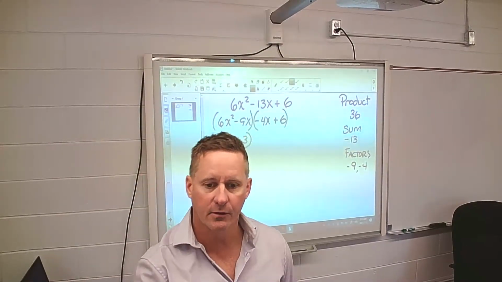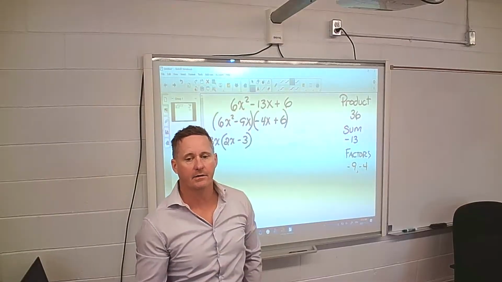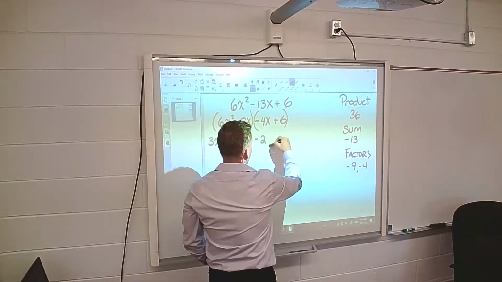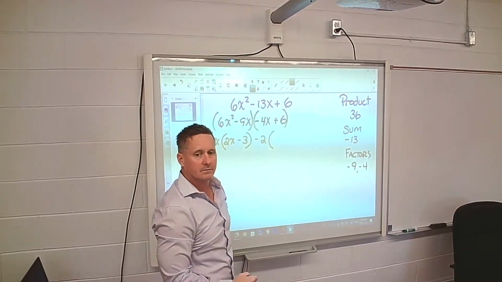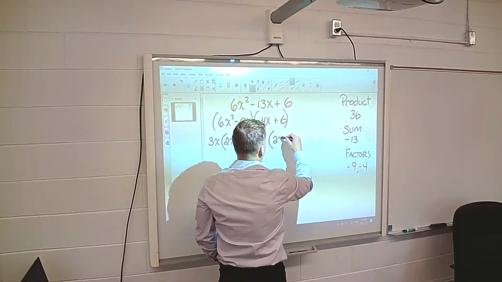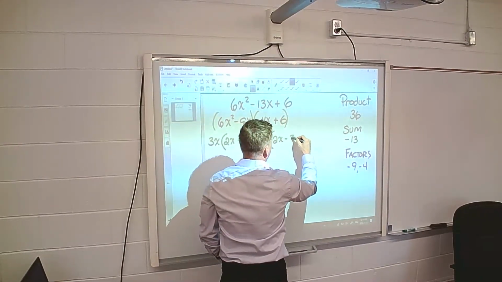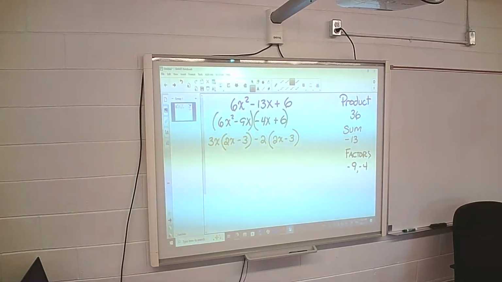If this middle term value is a negative, you will always factor out a negative. So I take a negative 2 out. Negative 4x divided by negative 2 is what? Positive 2x. And 6 divided by negative 2 is? Minus 3.